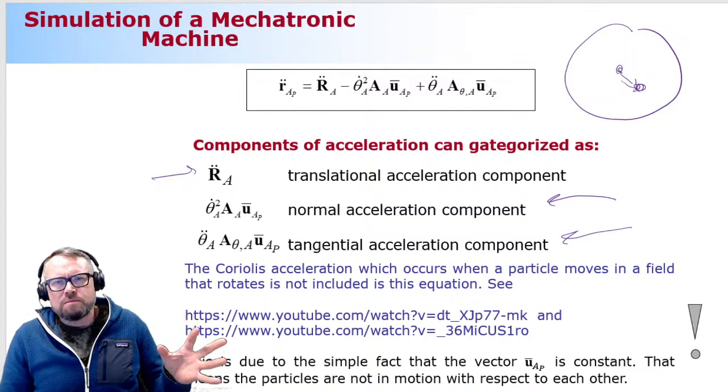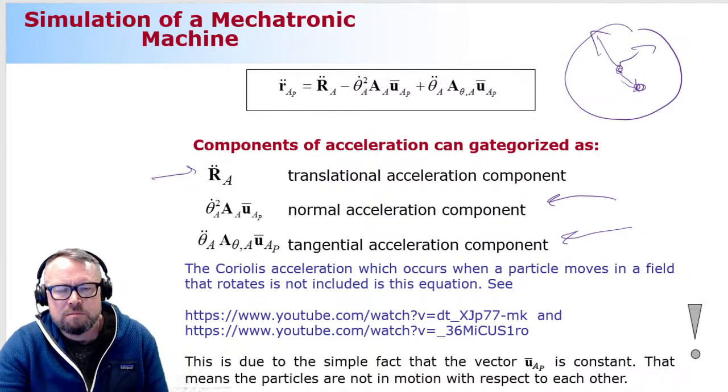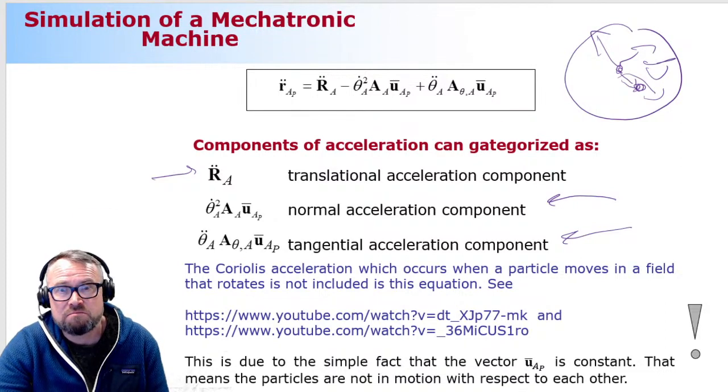Okay, what about us? So, we have, let's say, this circular shaped body. How is a particle capable of translating in this kind of body? It cannot translate, because vector u bar, remember, is constant. That's the reason.